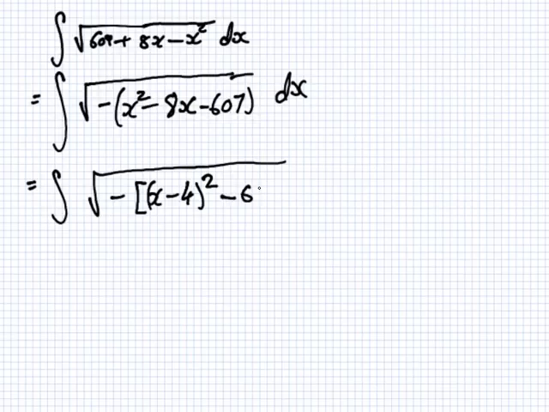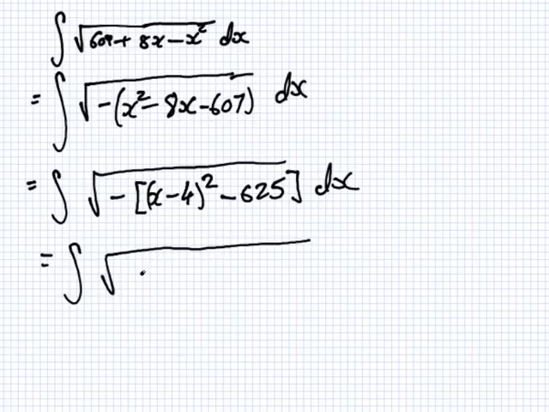Yes. Nice, because that is 15 squared. No, that's 25 squared. Yeah. So this is equal to the integral of square root of 25 squared minus x minus 4 squared dx. That is 7 or 9. 9.